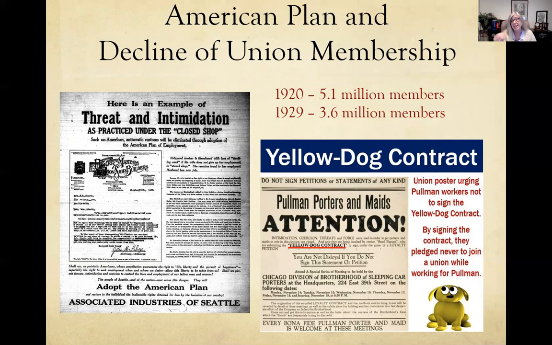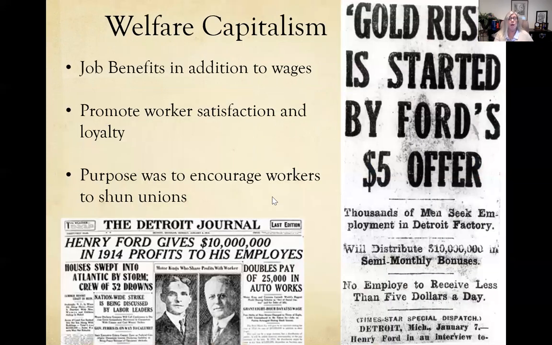Something like that is an incentive to have workers being willing to take this job over a different job. We're going to call that welfare capitalism, where you have benefits in addition to your salary. And this is, again, trying to promote worker satisfaction and to stop workers from joining unions.